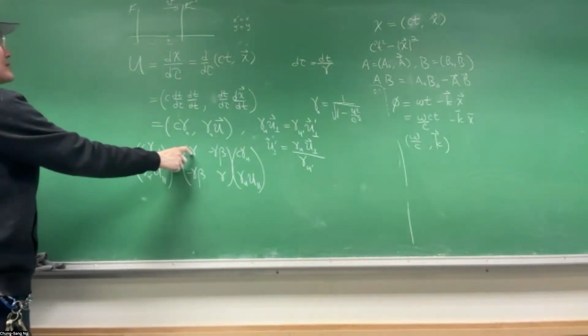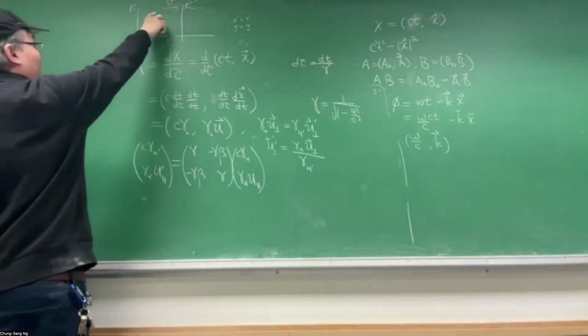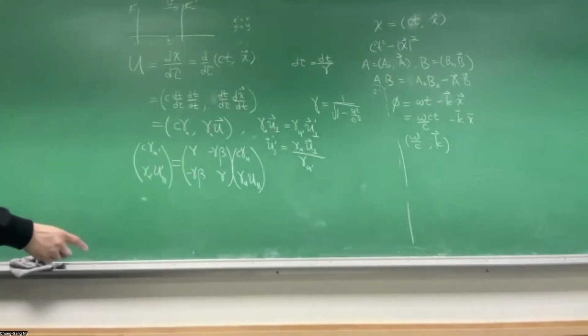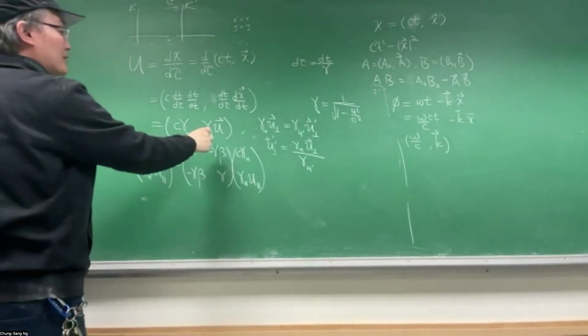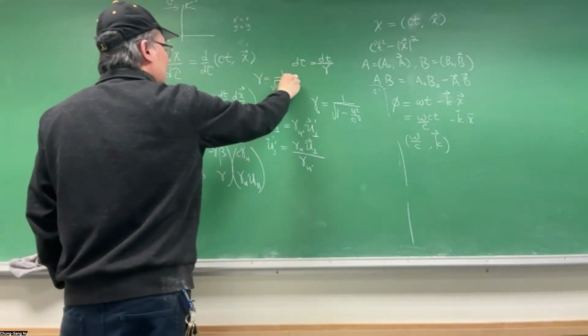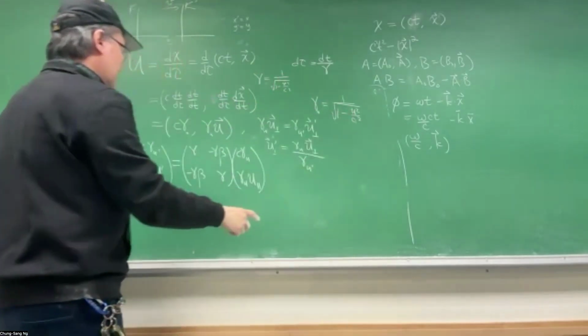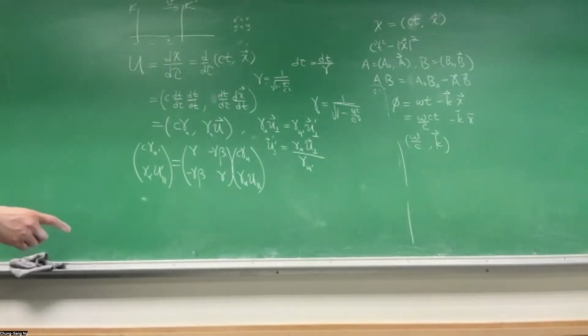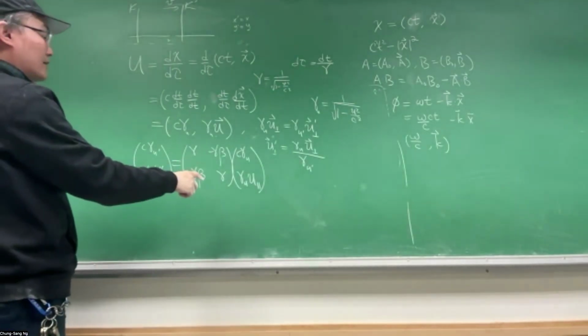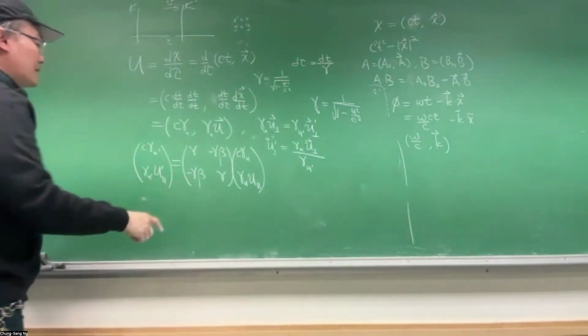Now this gamma is based on the relative velocity. So you have the relative velocity of K prime and K, so gamma is just the usual one over square root of 1 minus beta squared. So it's different from this. This u is the velocity of the particle, so that depends on frame. But this gamma is this factor.